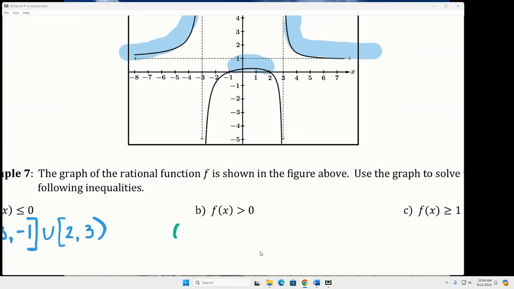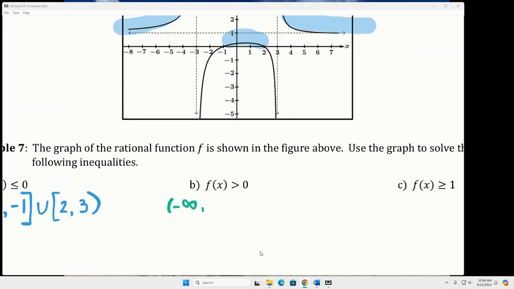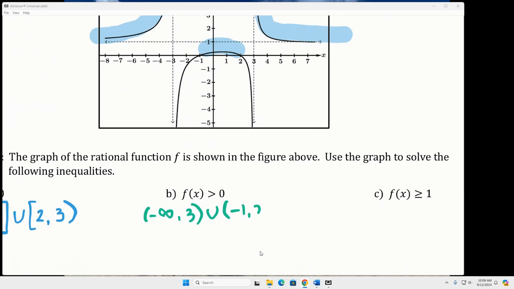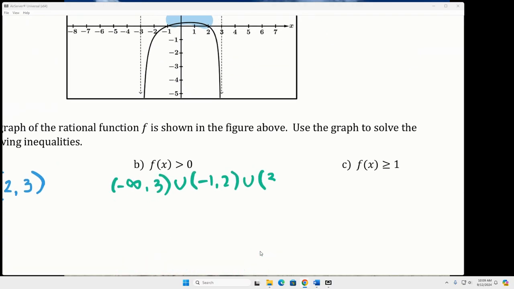All right, so as we keep going to the left forever, we're going to stay above the x-axis. It's actually going to stay above 1. So that's going to start at -infinity until we get almost to -3. All right, and then we have this little section between -1 and 2. And then 3 to infinity.